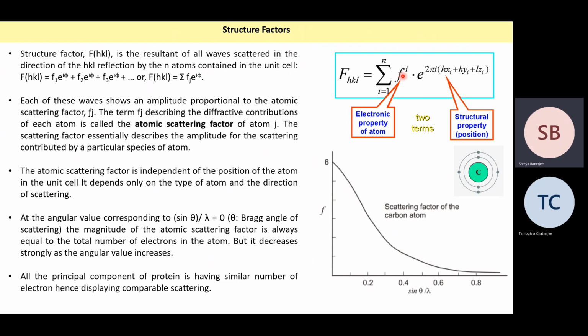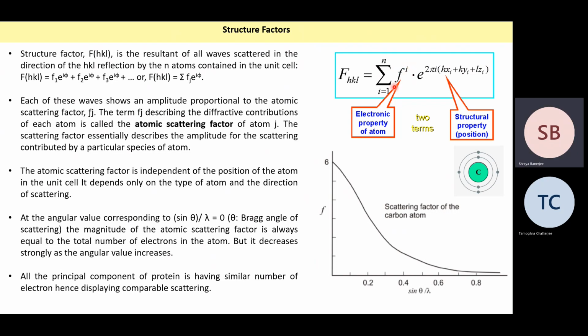For each atom, you are summing up this term Fi and this term, which is e to the power 2 pi i, and then the position of the atom. The position of each atom is defined in terms of x, y, z coordinates and HKL Miller indices. So this is a property of the position of the atom.